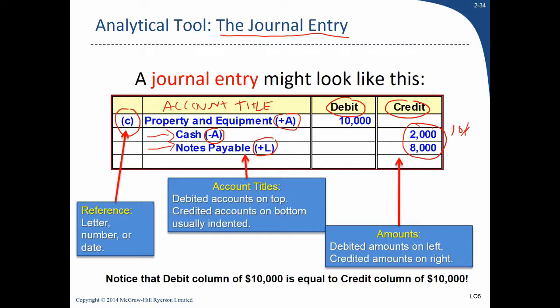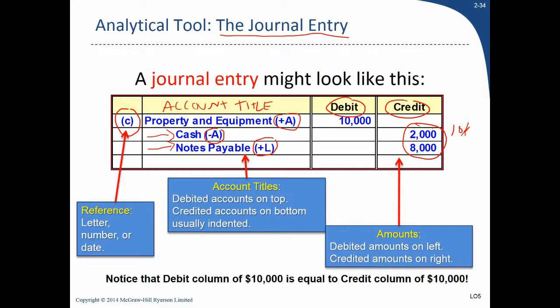And the reason you do that is because you'll find sometimes you might know how to record transactions 1 to 4, and you won't know 5 and 6, and you'll do 7. So you might have 1, 2, 3, 4, 7, and then you'll figure out how to do 6. It's hard for the TAs to mark that. If you have references, it's really easy to mark it. But practically, all journal entries need references, okay? So just get in the habit of 1, 2, 3, 4, A, B, C, D for your references.